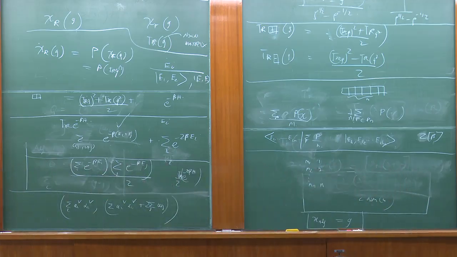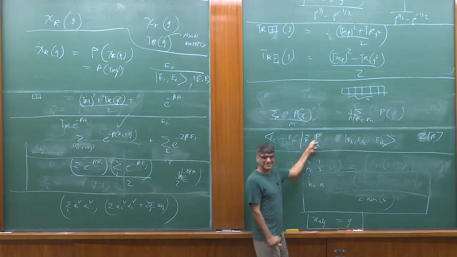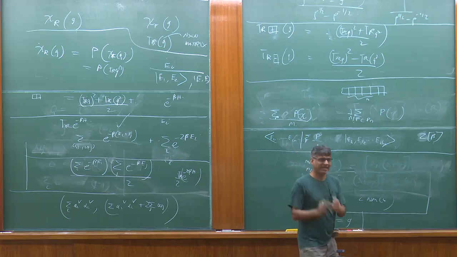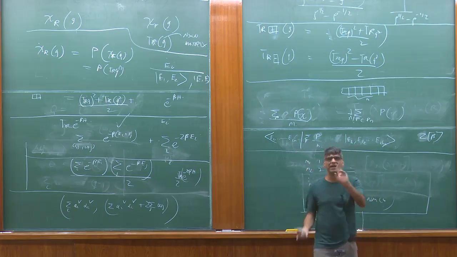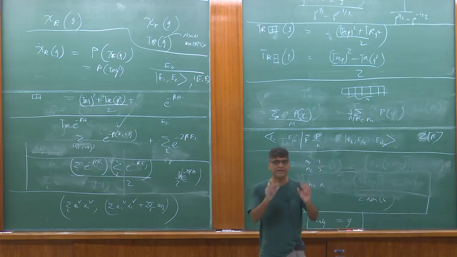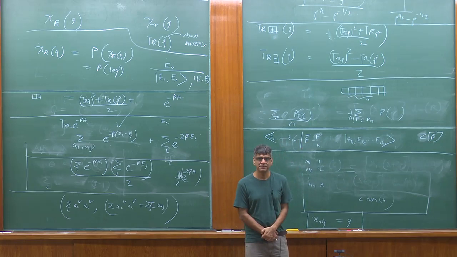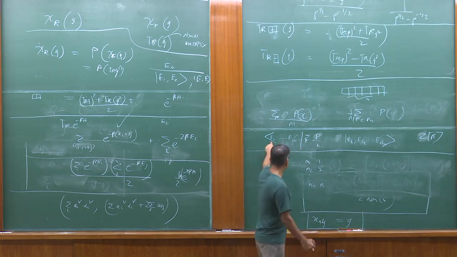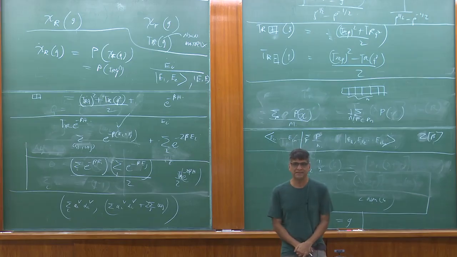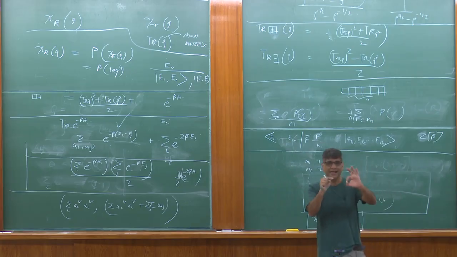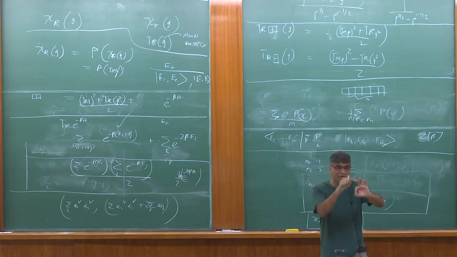Now, if you had one of these permutation elements, how does it act on this state? If it was a 2 cycle, it flips E1 and E2. If it was a 3 cycle, it sends E1 to E2, E2 to E3, E3 to E1. But after acting with the projector, you have to take the inner product with this. Now, E1 and E2 are orthogonal states. So the only way you get something non-zero on the ith cycle is if all the E's were equal for those elements.